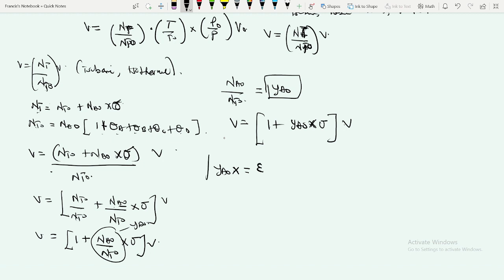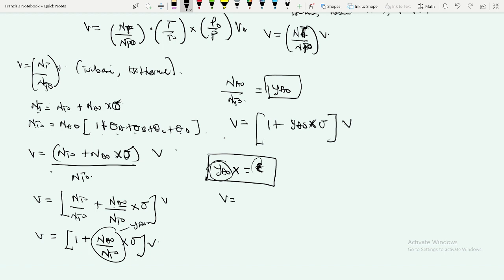So this is what I actually want to establish. You can put this there, or you can leave it as this. However, you should know what you are trying to say: your initial mole fraction of A, which is your limiting reactant, times X should give you this portion, which is epsilon.